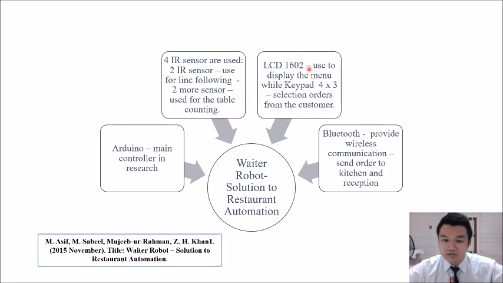The LCD is used to display the menu, while the 4x3 keypad functions as order selection from the customer. Lastly is Bluetooth, which provides wireless communication to send the order to the kitchen and reception.